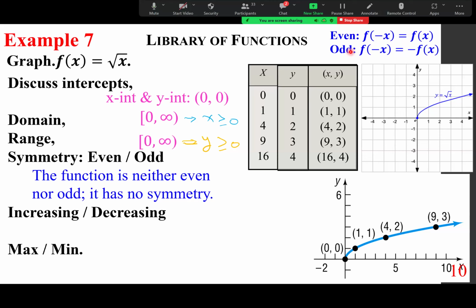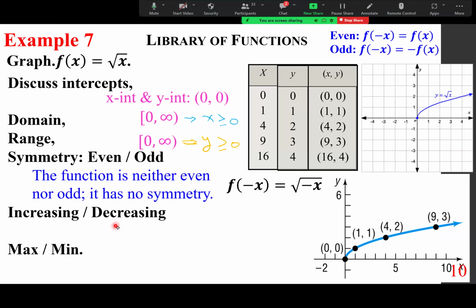The odd symmetry means f of minus x equals minus f of x, which makes it symmetric with respect to the origin. And if you look at f of minus x, you replace the x with minus x, and it's none of the above. Therefore, it's neither even nor odd.